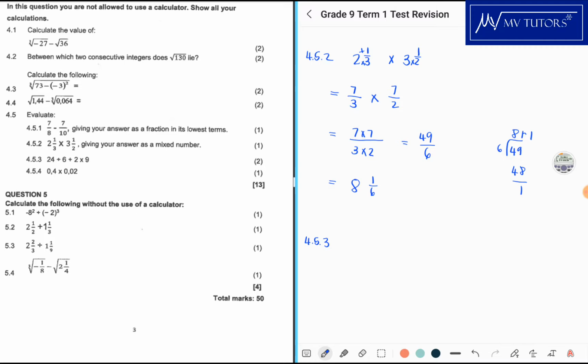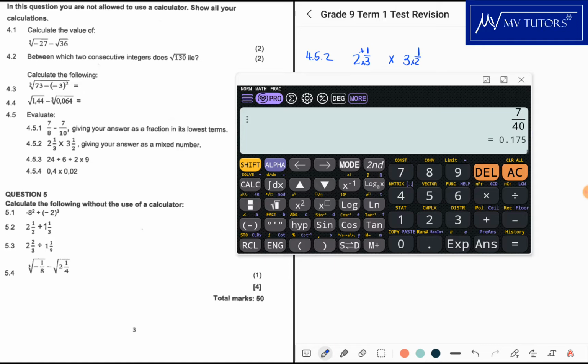Wow, and that was just 1 mark. Okay, guys, if you were to do it on a calculator, if you have a Casio, you can put in the mixed fraction. I'm just looking for one here. So shift, there we go. We have 2, 1 over 3, and we're going to multiply it by 3, 1 over 2.